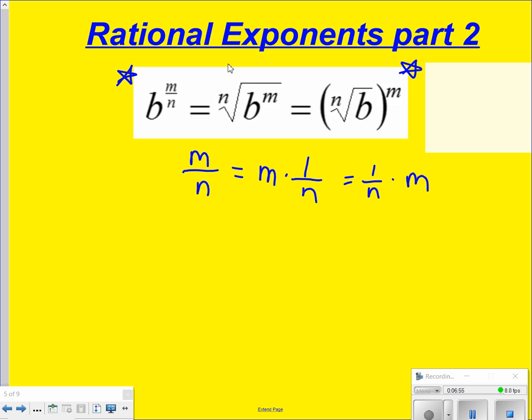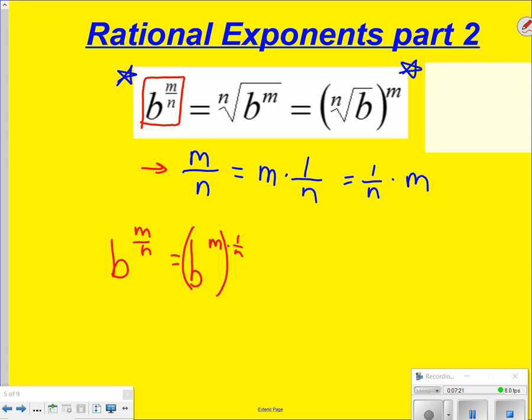Now I'm going to look back to this thing here. B to the m over n power, all right? I can rewrite this then based on what I said here. I can rewrite that b to the m times 1 over n power. Focusing on a little piece at a time, let's put parentheses around this.